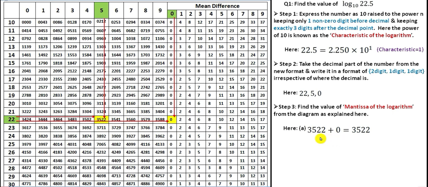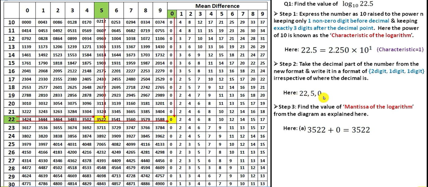Then this number 3522, write it as it is. Then what to do with the 4th digit? Again you search the 4th digit in this part of the first row from 0 to 9. Again it is a 1 digit number, so obviously all the 1 digits are written here. Maybe in some logarithm tables, as I have just mentioned, this 0 column may not be there, but if it is 0, then all these answers will be 0.